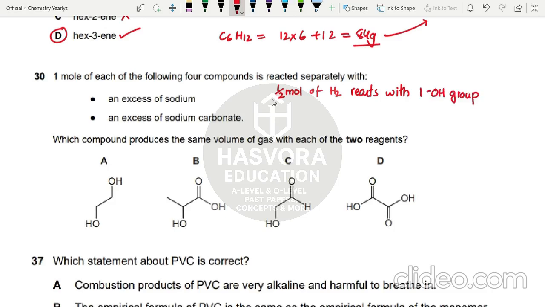So it is only half mole or one atom of hydrogen that is formed with one OH group when one sodium actually reacts with it, and half mole of CO2 is formed with one carboxyl group.